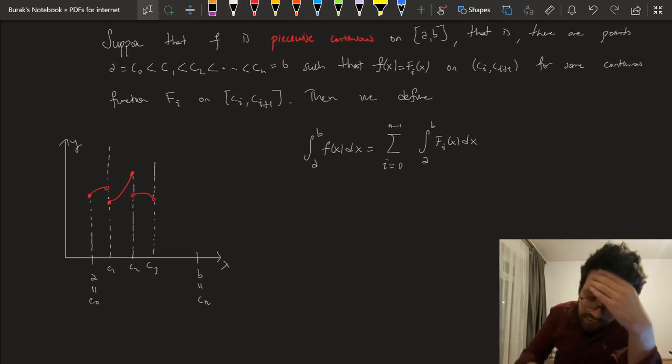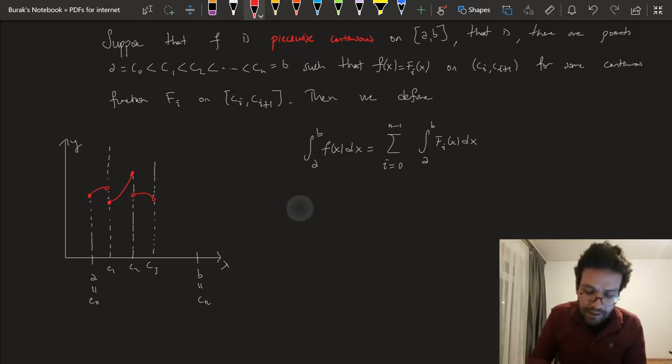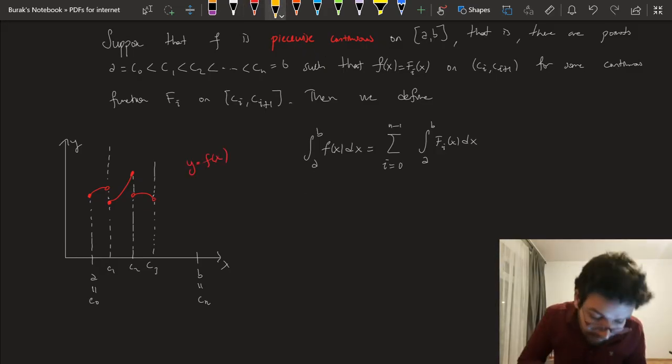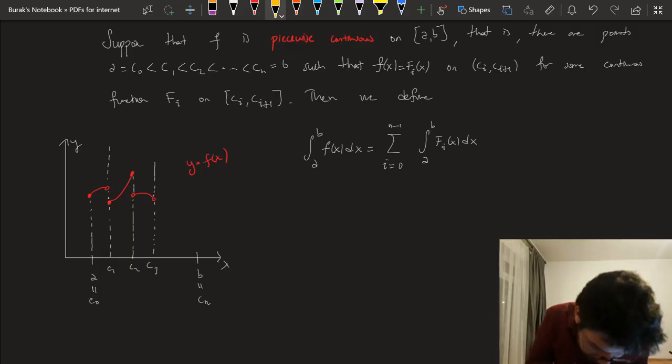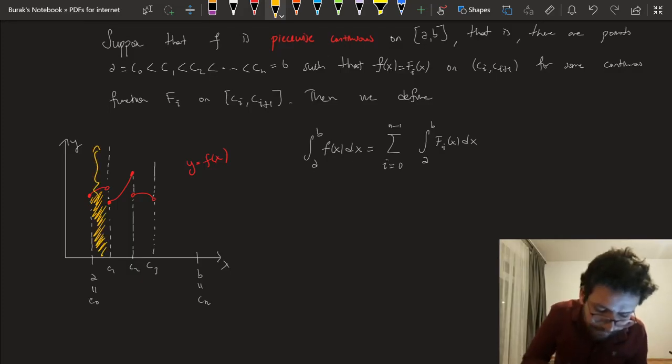So what this geometrically means is, if you want to define the integral of this piecewise continuous function f from a to b, then you know that on this interval [c0, c1] there is some continuous function which agrees with f, and you take the integral of that.